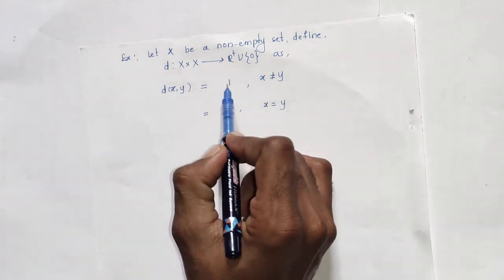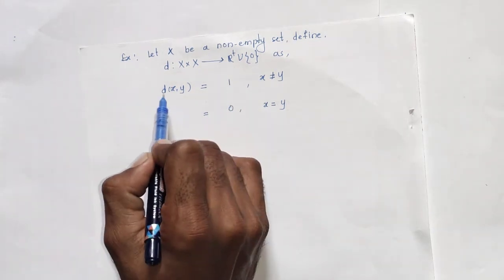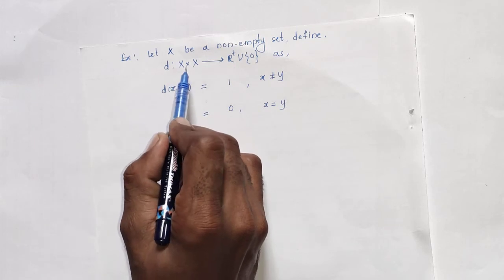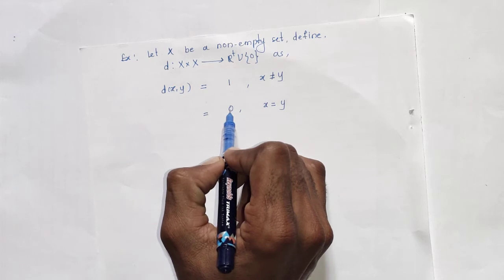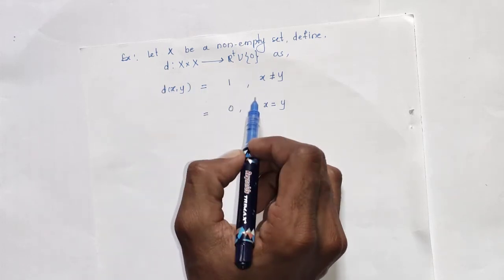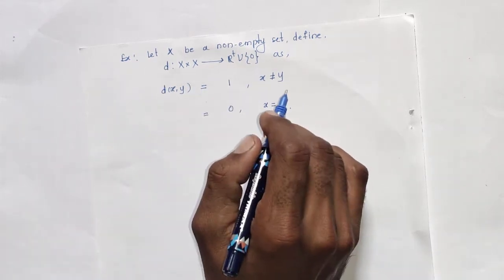So, there are only two values of function d of xy. Whenever we apply the function d on x cross y, we will get only two values, either 1 or 0, and we have to prove that this is a metric on X.